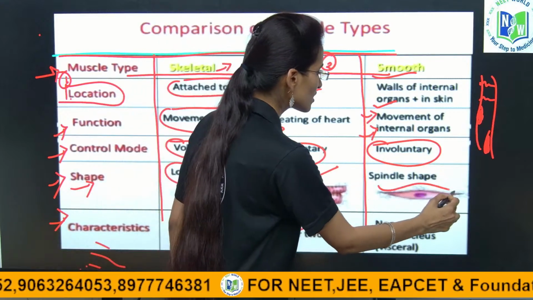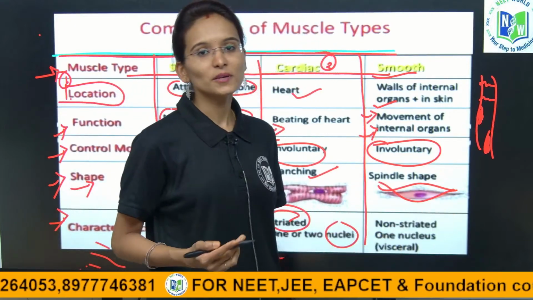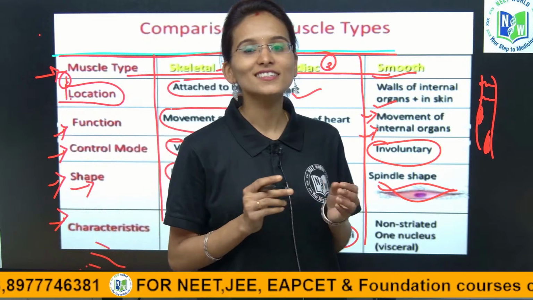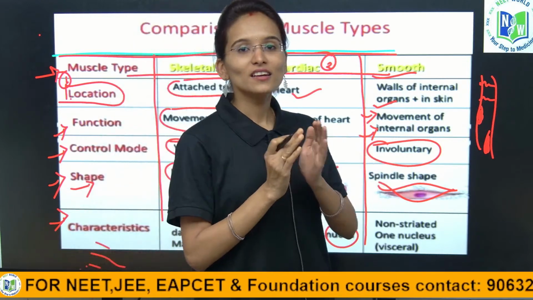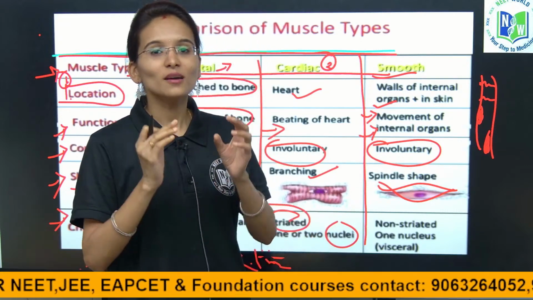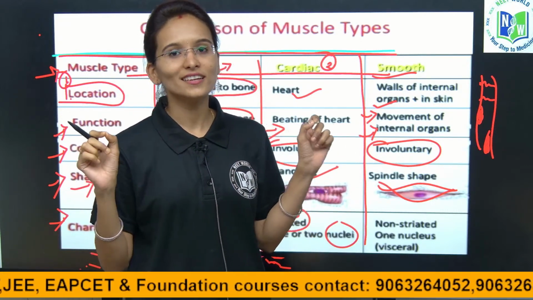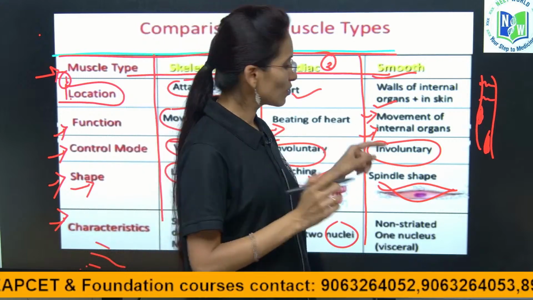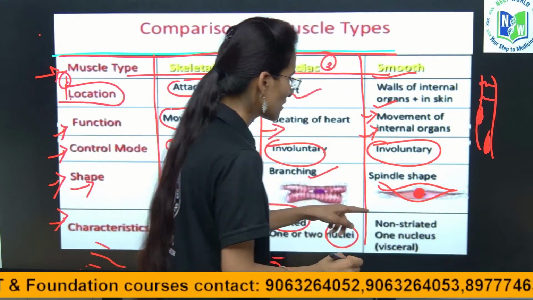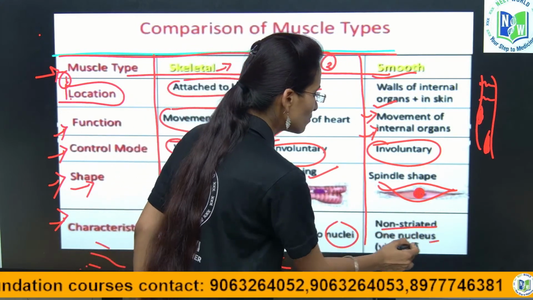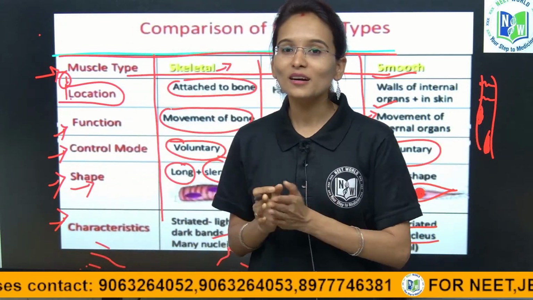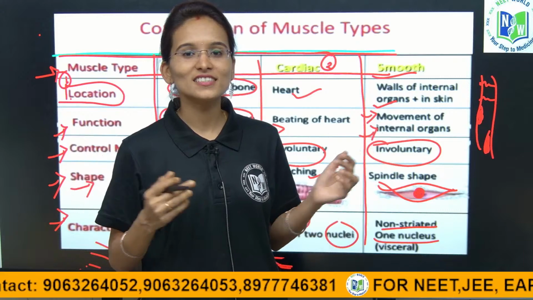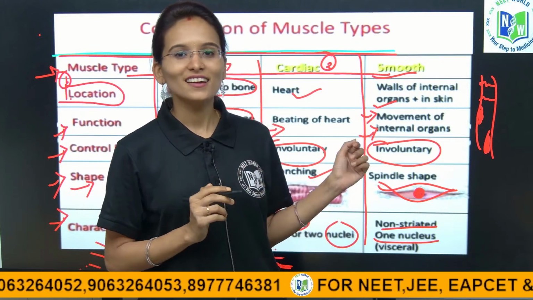When it comes to the shape, it is spindle shaped, where the ends are pointed and the middle is broad. It has only a single nucleus and is non-striated. These are some of the comparison characteristics between one muscle and another.